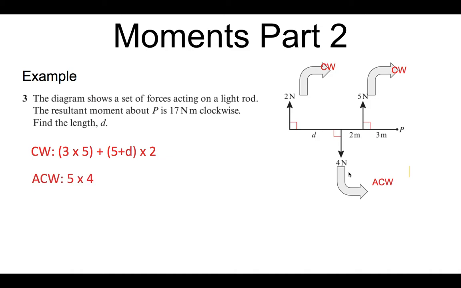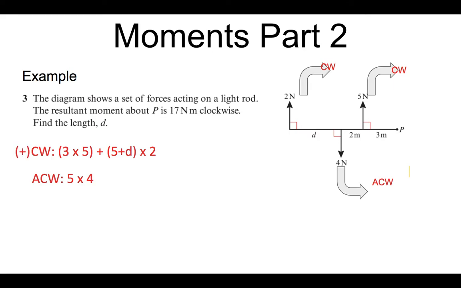So now, because we know that the resultant moment is 17 Newton meters clockwise, if we assume clockwise is positive and anti-clockwise is negative, we know that this 3 times 5 plus 2 lots of 5 plus D, take away 20 from 5 times 4, has to be equal to 17, so we can set up that equation.